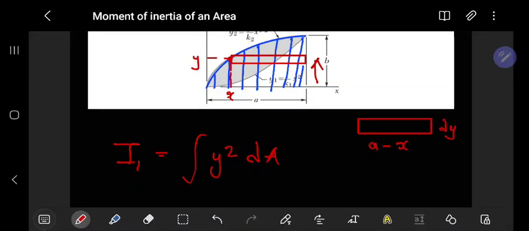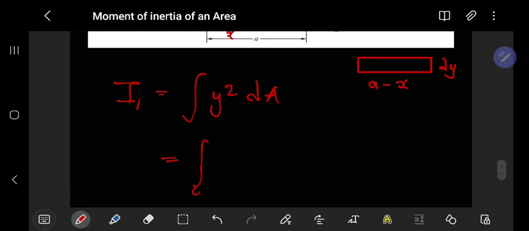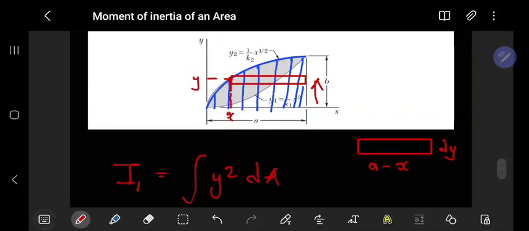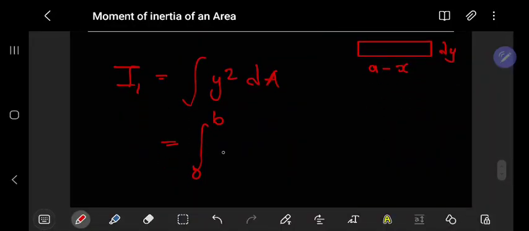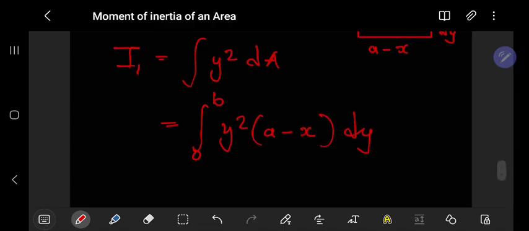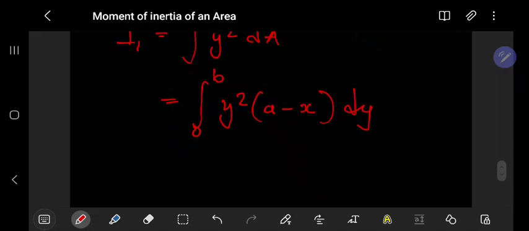This is dy. So that what we have is the integral from 0 to, we're integrating with respect to y, so this will be to b, and then y squared. Then this is going to be a minus x, and then dy. So how do we proceed from here?